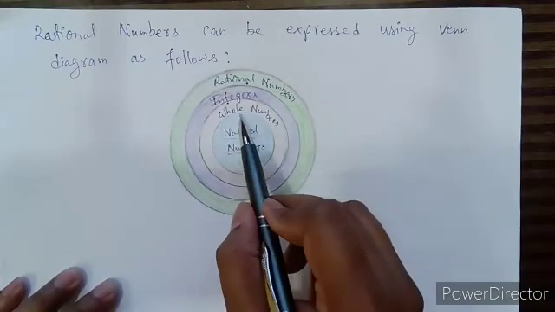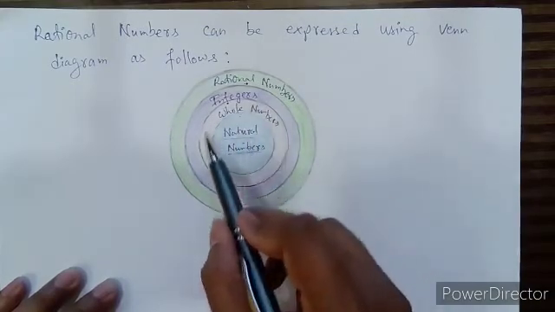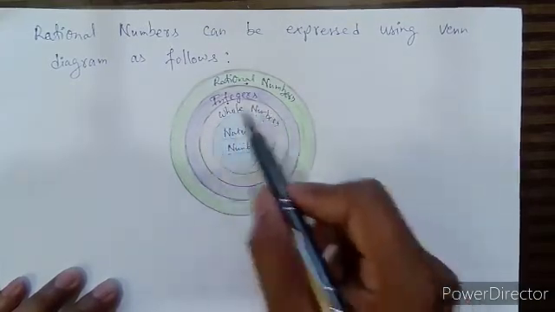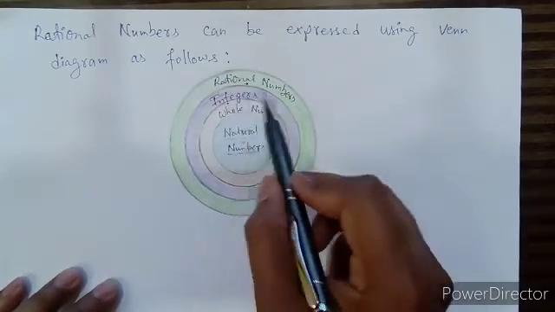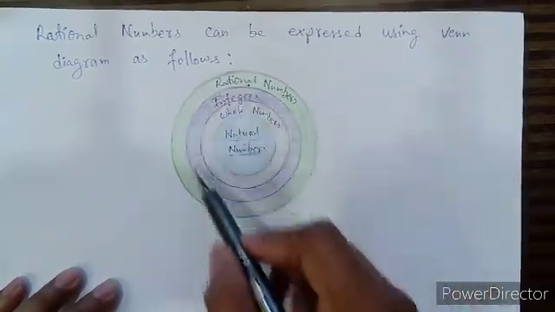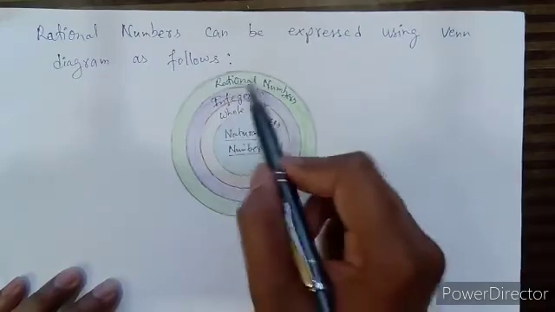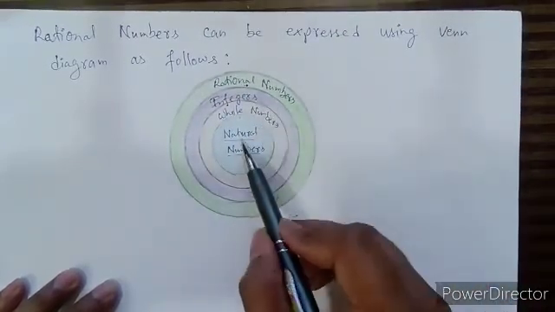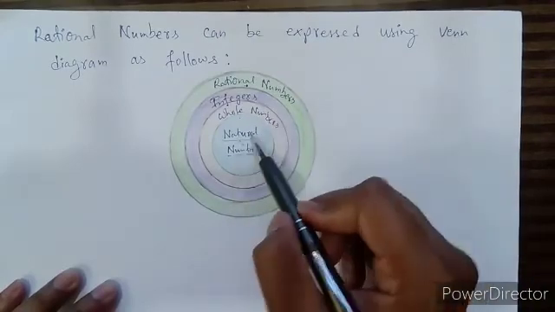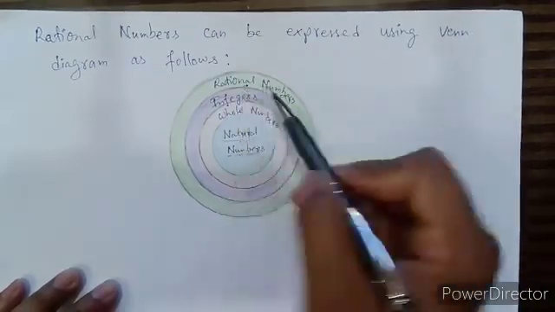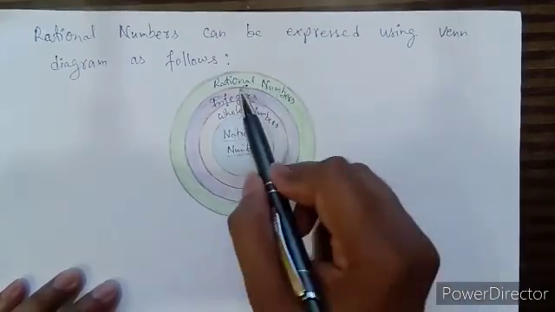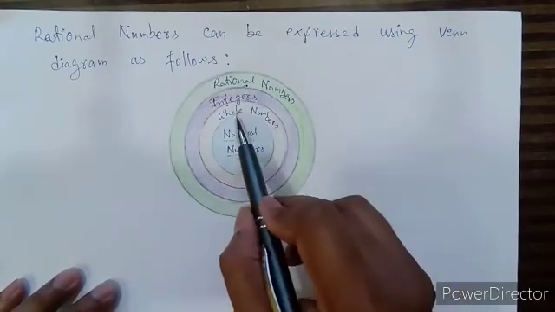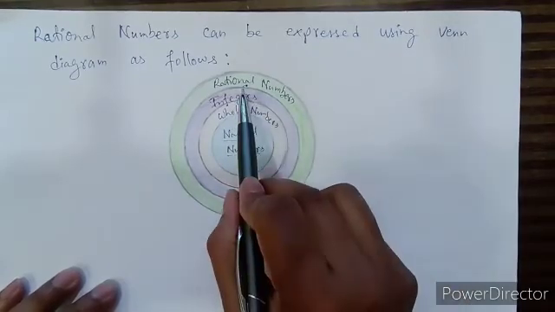This circle is the whole numbers, then the integers, and then the rational numbers. This means all the natural numbers are rational numbers, all the whole numbers are rational numbers, all the integers are rational numbers, and so on.